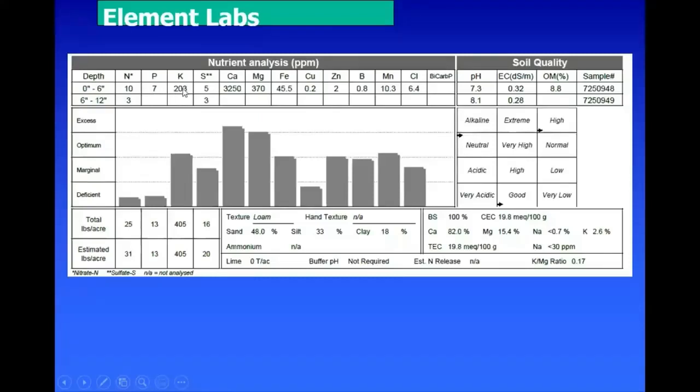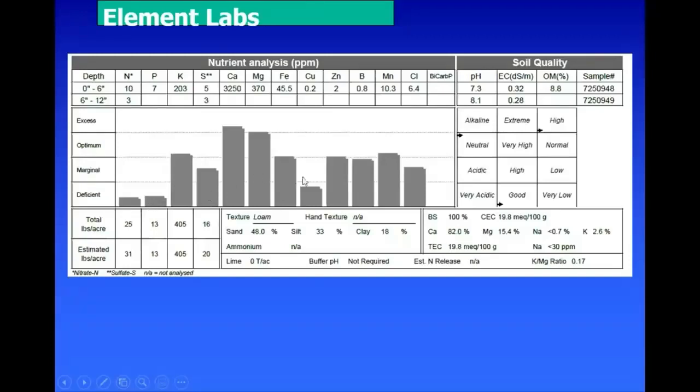I should mention that for all of our soil test values that we're really concerned about for phosphorus and potassium, we're just looking at the 0 to 6 inch depth, but for nitrogen and sulfur, we're looking at the 0 to 6 inch, 6 to 12 inch, and preferably even 12 to 24 inch, but that wasn't done in this particular case. And for micronutrients, typically we're just looking at the 0 to 6 inch depth, but I do like to look at the 6 to 12 inch depth to see if it's deficient in the 6 to 12 inch depth and the 0 to 6 inch depth.